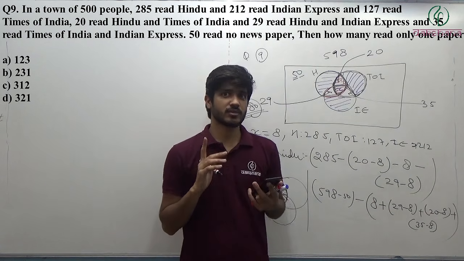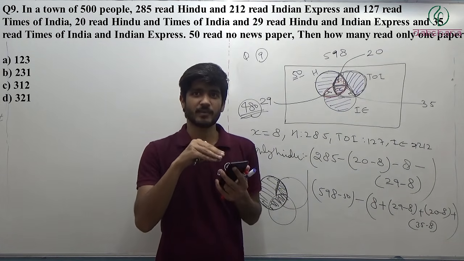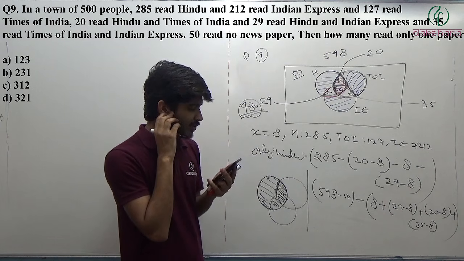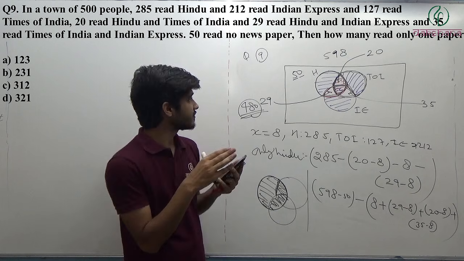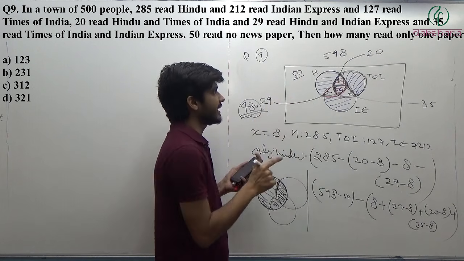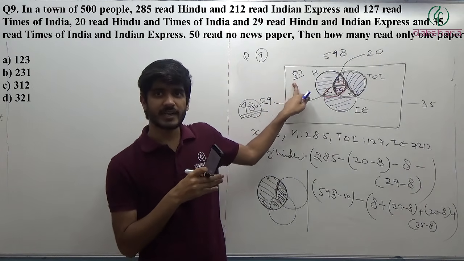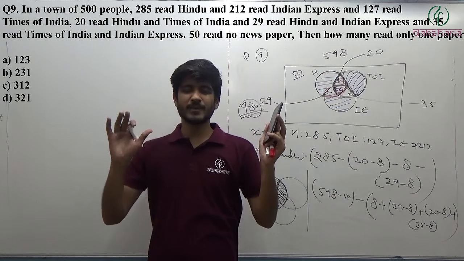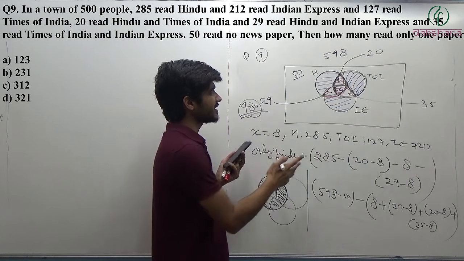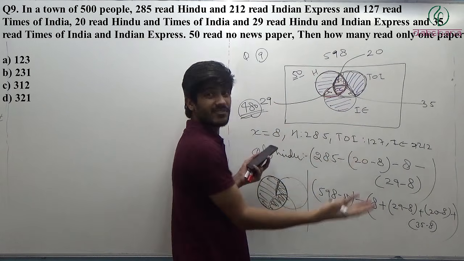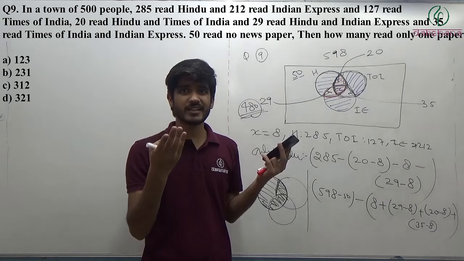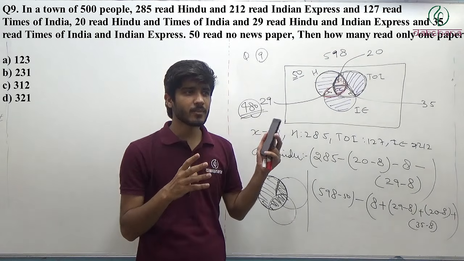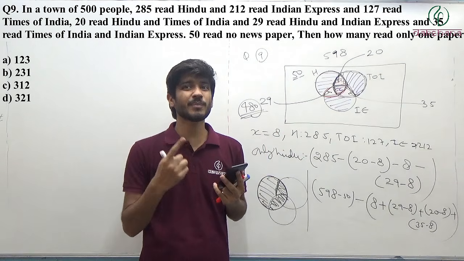Or there is one more way to do this question, but that will only work in this particular paper because if you look at the people who are reading all the newspapers, they are 548, right? I mean 50 are not reading anything, total we have 598, so 548. Now if total number of people are 548 and you see the intersection is like 20, 29, 35 people reading at least 2 newspapers, so basically majority of the population is reading exactly one paper.